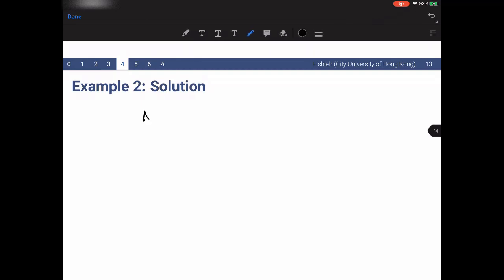So step 5, we're going to calculate the fraction of your income that you need to save.